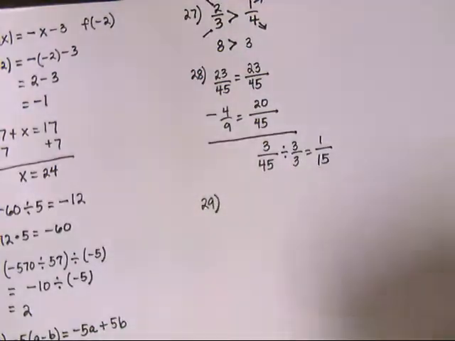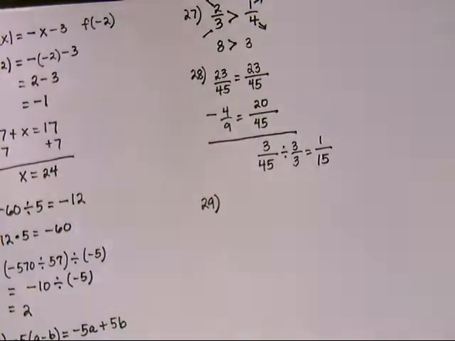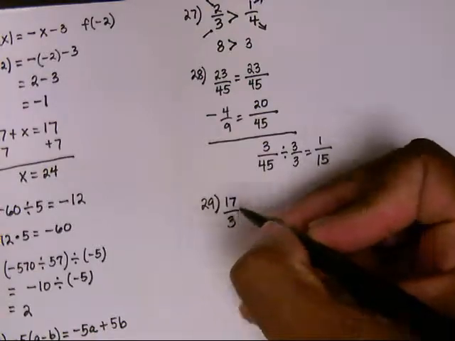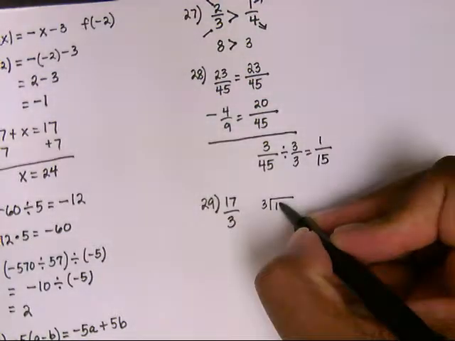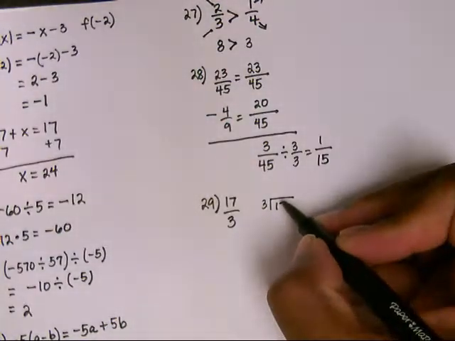Alright, number 29. Change 17 over 3 to a mixed number. That's where we divide the denominator into the numerator. We divide 3 into 17. We find out how many times 3 goes into 17.